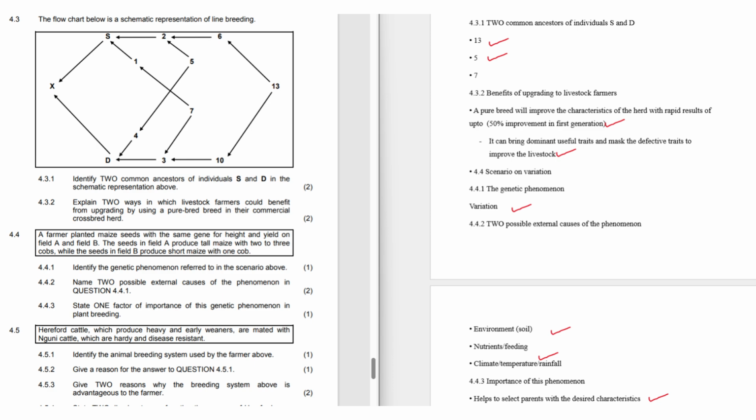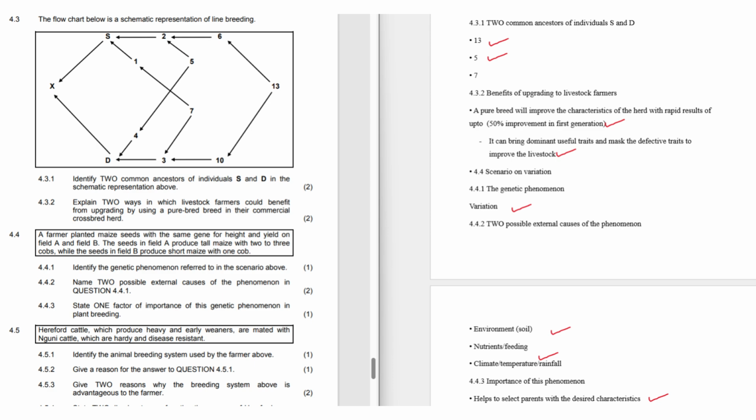A is that pure breed will improve the characteristics of the livestock with rapid results of up to 50% improvement in the first generation.